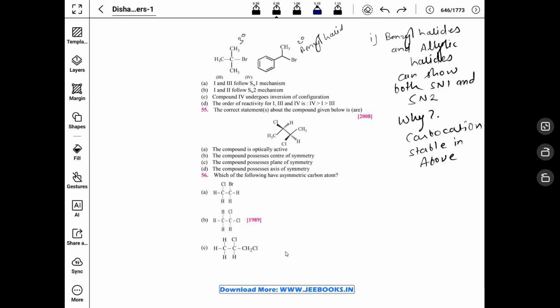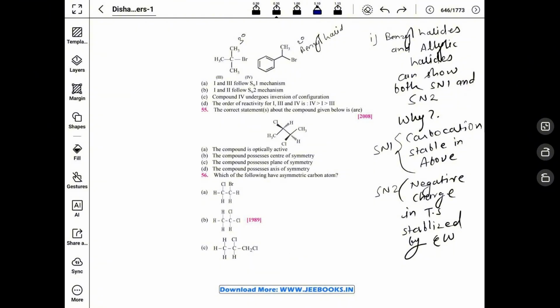Therefore, they can show the SN1 pathway and SN2 pathway, because in case of SN2 pathway, the negative charge in the transition state is stabilized by the electron withdrawing nature of phenyl and allyl, because it has sp2 carbon, so it stabilizes the negative charge, and here it has a minus I effect. Therefore, it can stabilize the negative charge. So they can show both SN1 and SN2 mechanisms.